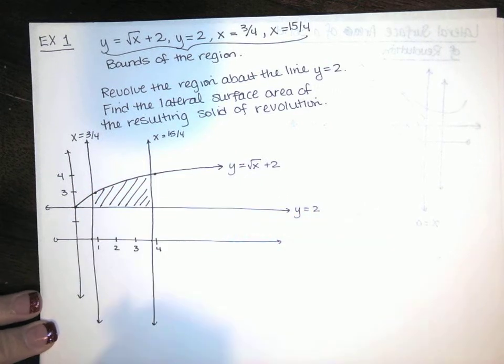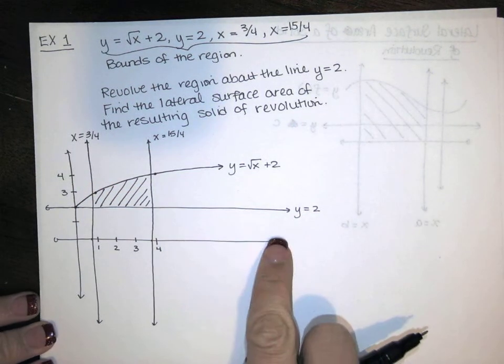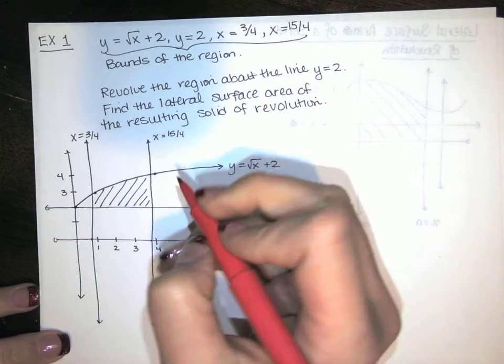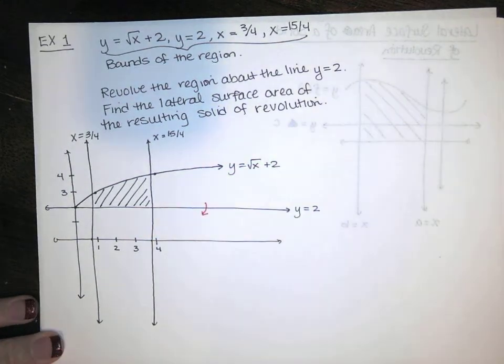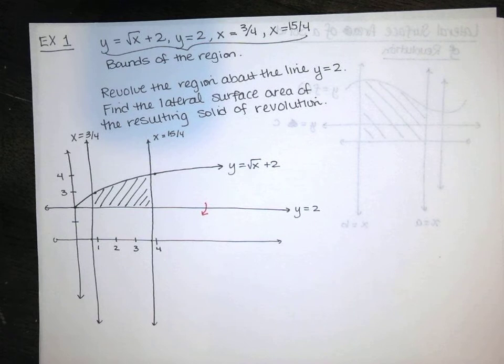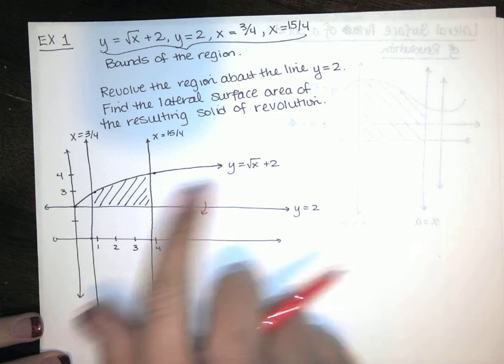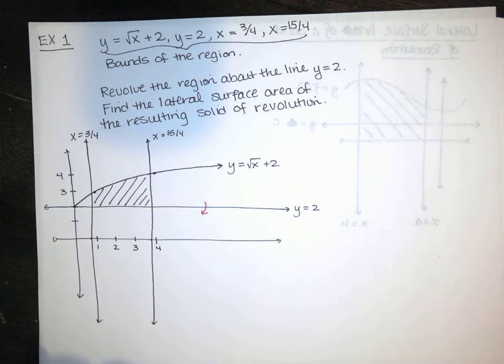Okay, so we're taking this region and we're revolving it around the line y equals 2. So you have something that looks like this. Now when I revolve this around the line y equals 2, I'm going to see that the graph of y equals square root of x plus 2 reflected down here.